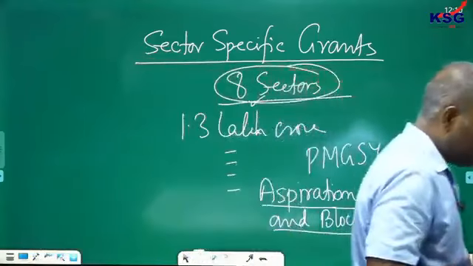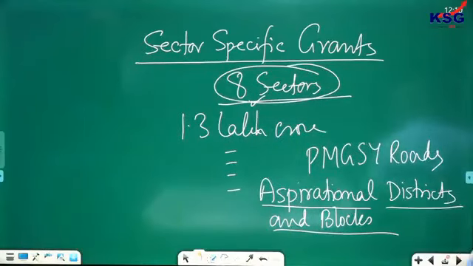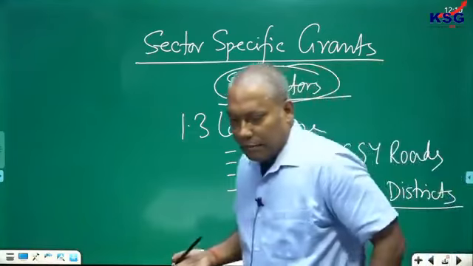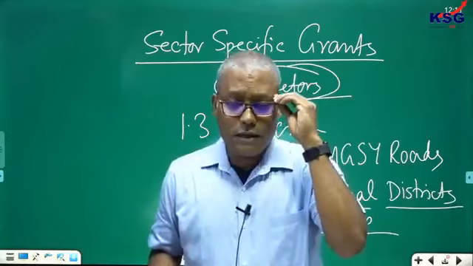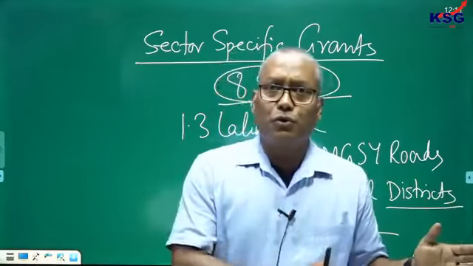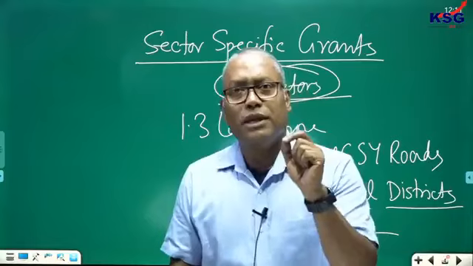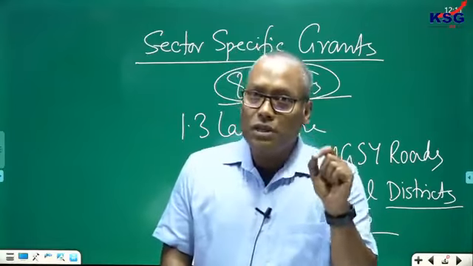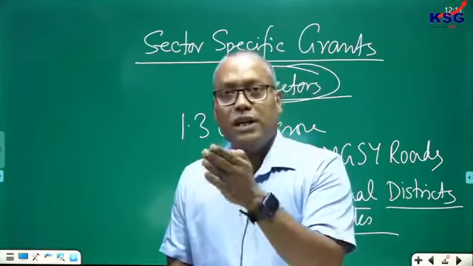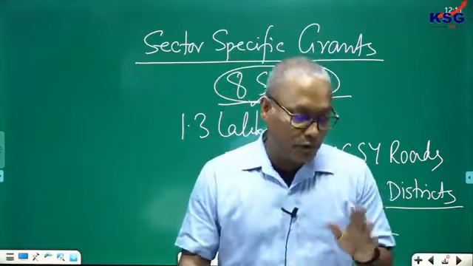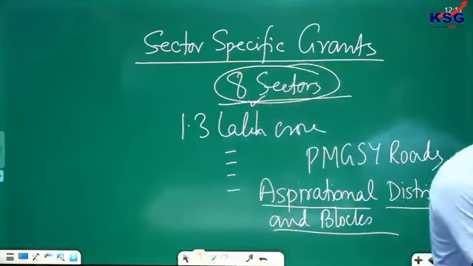Means one portion is given to you, but you can't expect that this amount will be given whether you are performing or not. One initial amount will be given to you. If you are using this amount and performing, then the next amount will be given to you. That is performance linked. Clear to all?